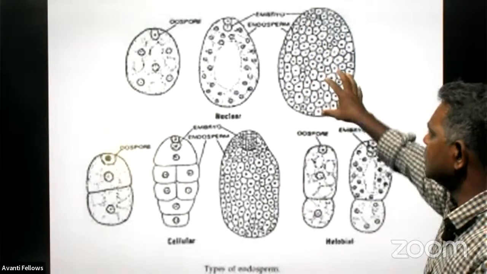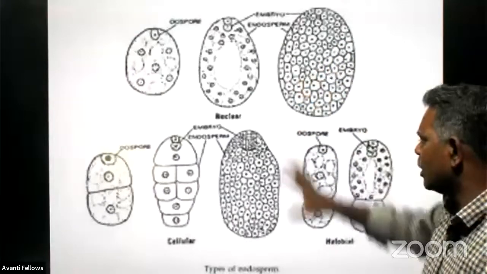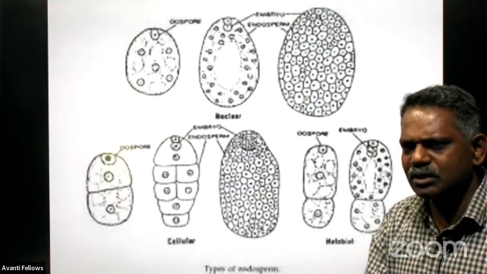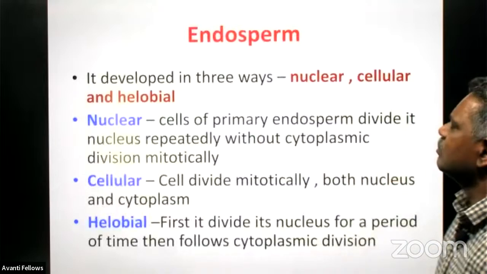This mass of cells stores the food material. All the cells are triploid because they all develop from a primary endosperm nucleus through mitosis.